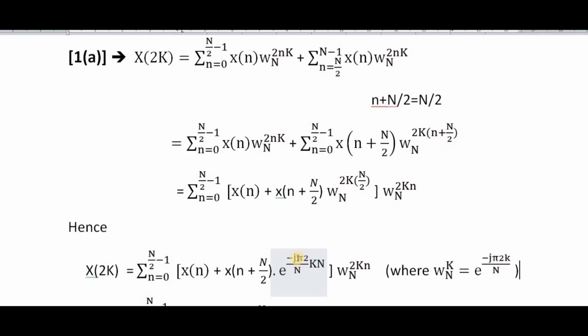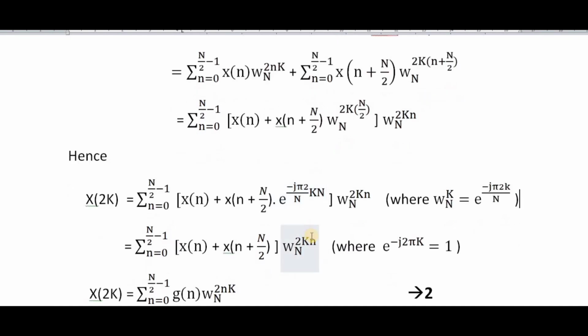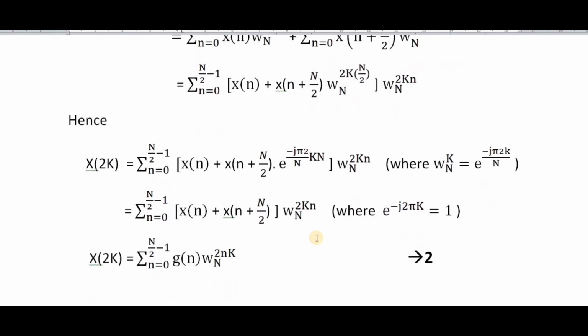So this entire statement gets cancelled out. So X of 2k is equal to summation n equal to 0 to N by 2 minus 1 of x of n plus x of n plus N by 2, this becomes 1, and you will get W_N of 2kn. This whole term I am going to write as g of n.